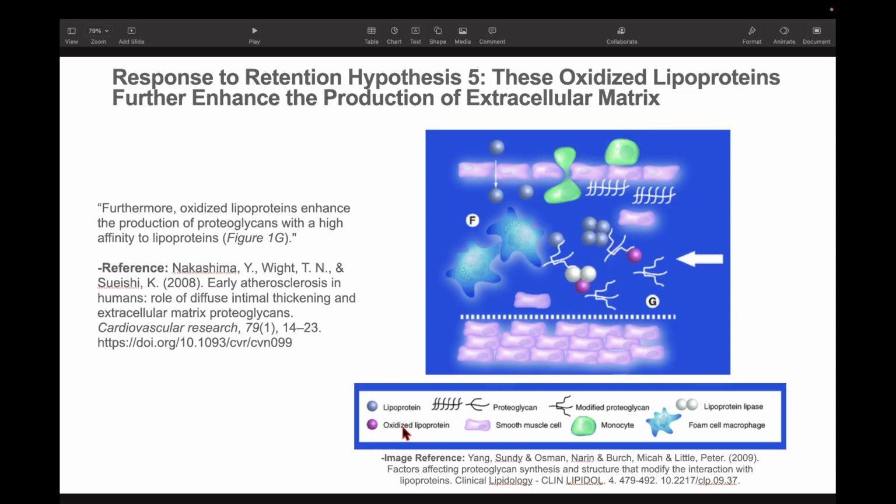If we come down here to the key, we see that the purple balls are oxidized lipoproteins, and the oxidized lipoproteins are bound to the proteoglycans as well. These are triggering the immune cells. So we see the macrophages coming in, or I guess these would be monocytes, and when they come in, they turn into macrophages, and these macrophages would gobble up this LDL, and particularly the oxidized LDL is going to trigger an inflammatory response. And you see oxidized lipoprotein here, oxidized LDL.